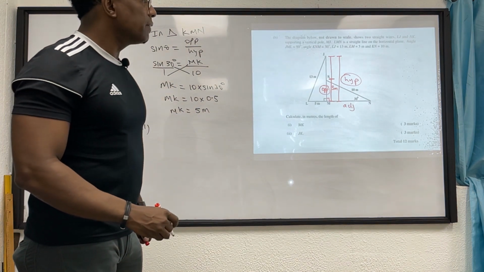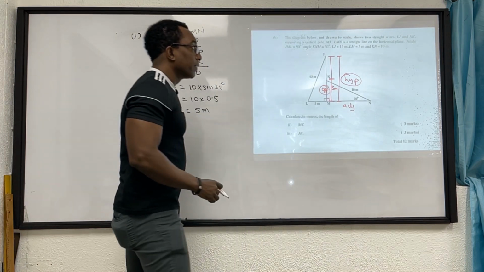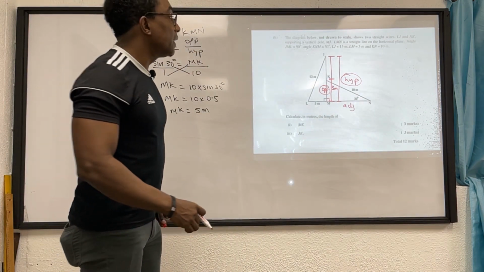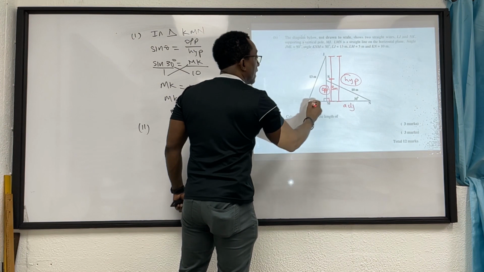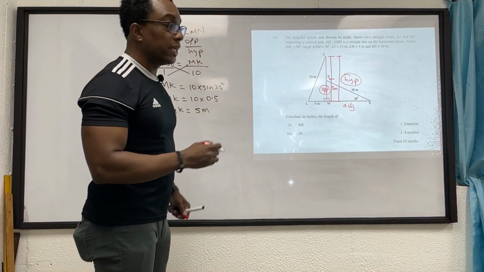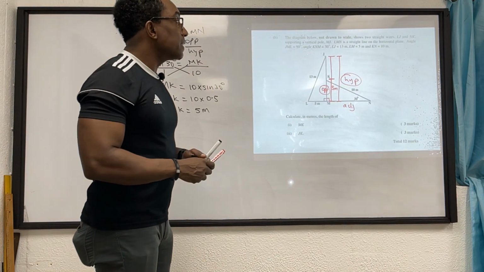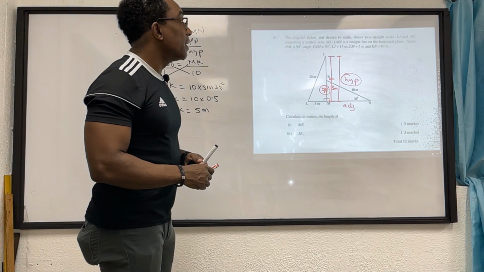So the objective now is to find the length of JM or MJ. And JM or MJ falls within this right angle triangle, which is JML or LMJ, however we choose to name the triangle. So let's use that right angle triangle to help us find the length of JM.